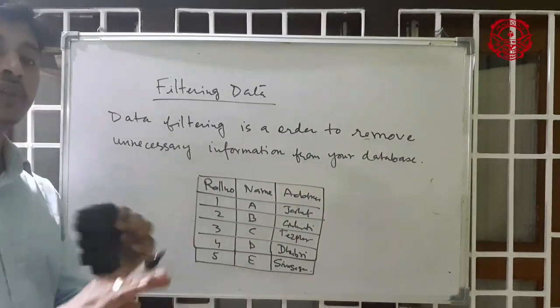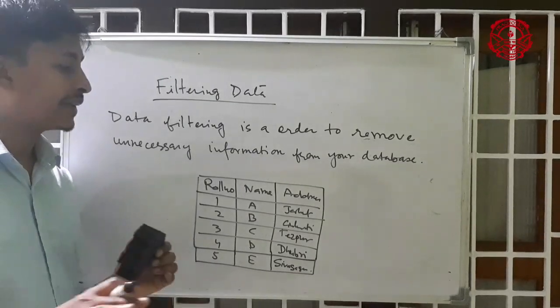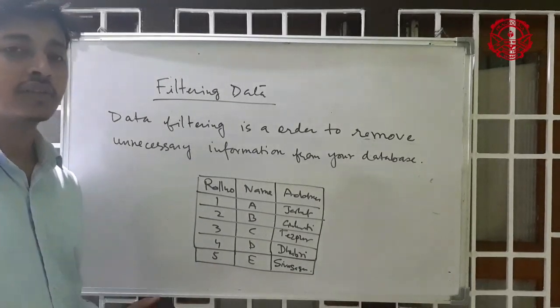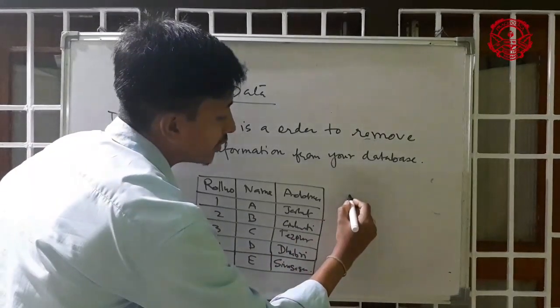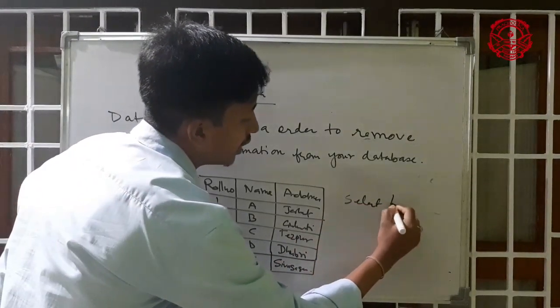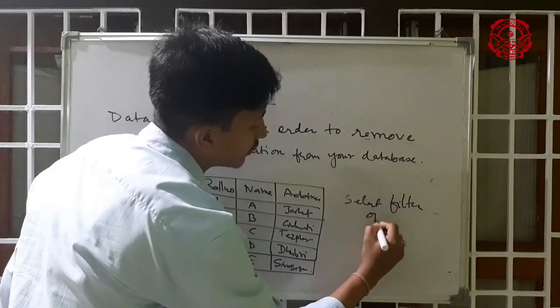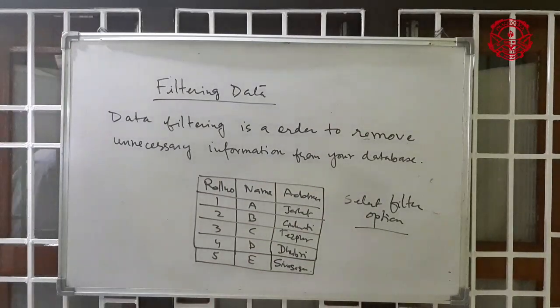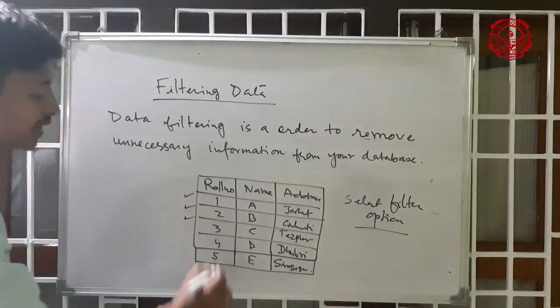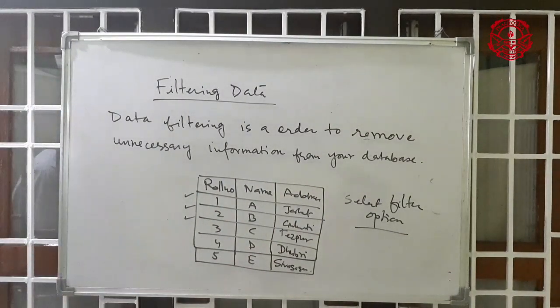The unnecessary things will be deleted or skipped, not displayed. That's why we can select the filter option. The filter option is basically built for this purpose. Only the essential things will be displayed, not all the things.